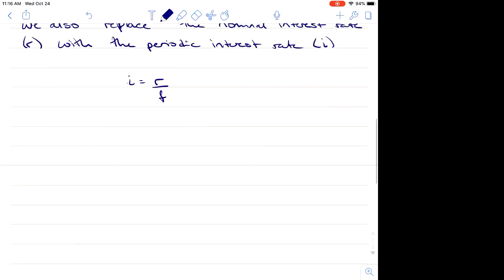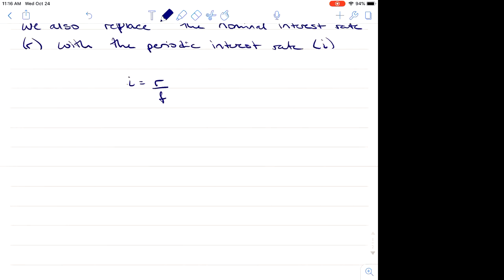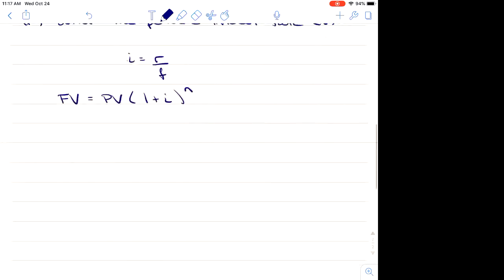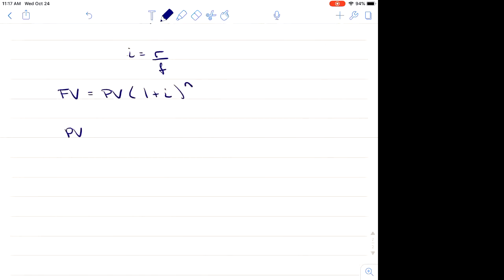Okay. And then we said our future value for compound interest is going to be the present value times 1 plus I to the power of n. And we also developed the formula for the present value. It wasn't that hard.